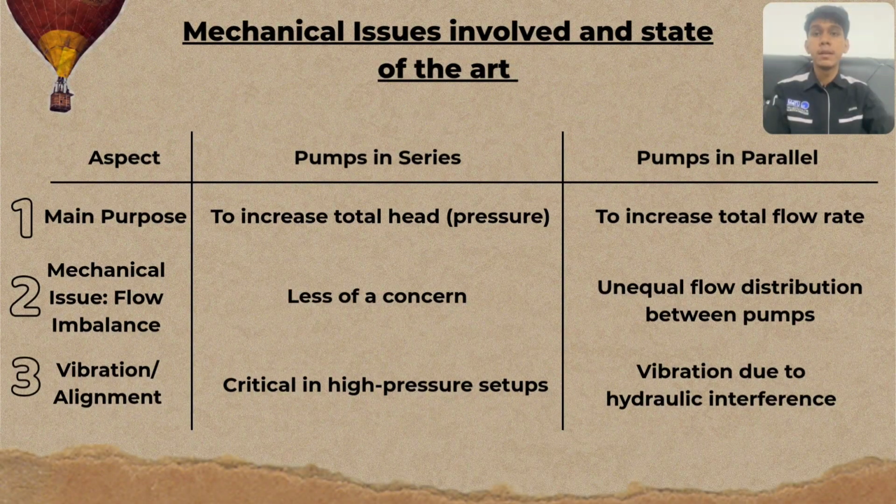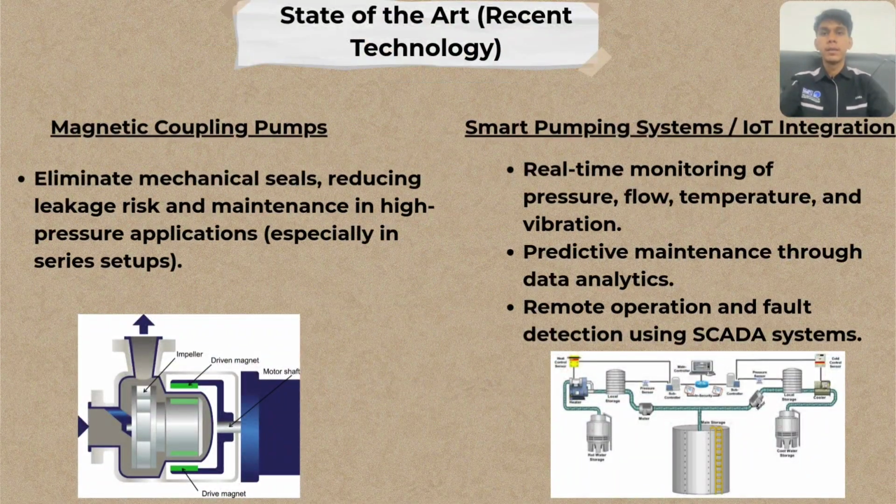The second aspect is mechanical issue, flow imbalance. In series, it is less of a concern, and in parallel, there is unequal flow distribution between pumps. The last one is vibration or alignment. In series, it is critical in high-pressure setups, and in parallel, there is vibration due to hydraulic interference.